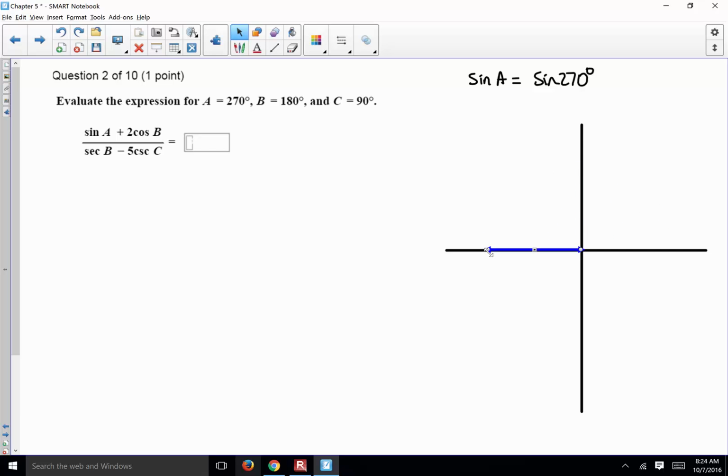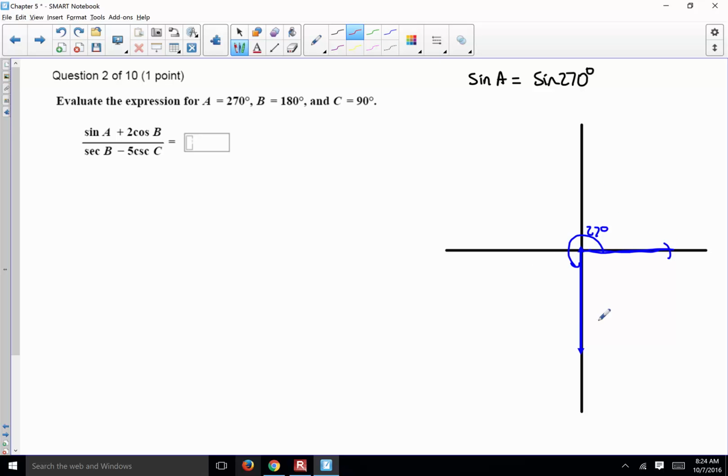Where is 270? There we go. Right? Okay. Now all you need is a point on this terminal side. Again, we start with this. This is your angle 270.